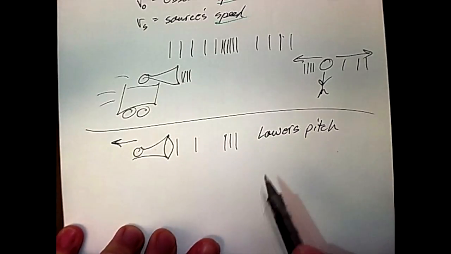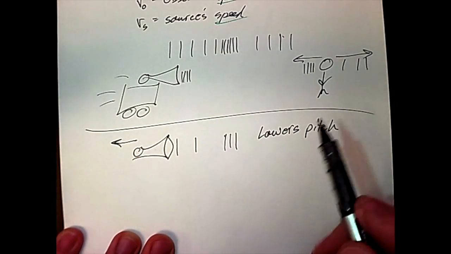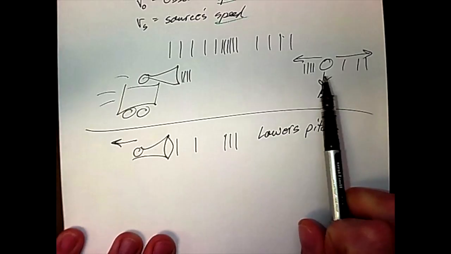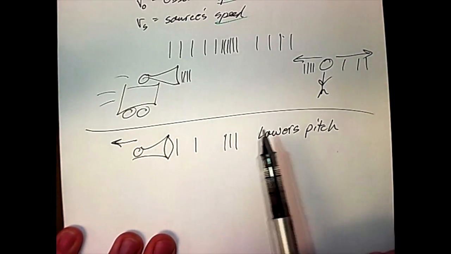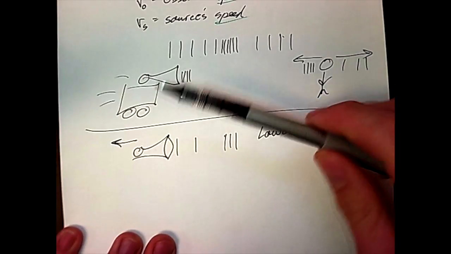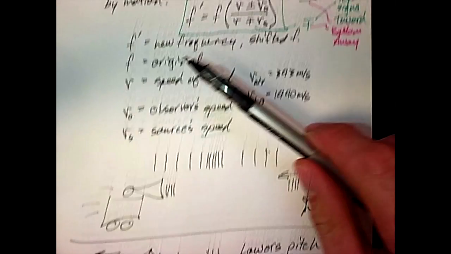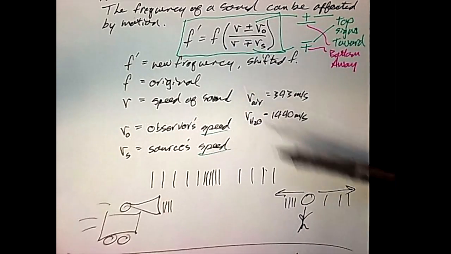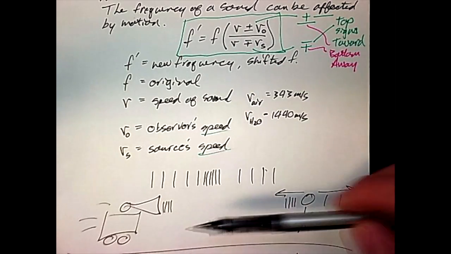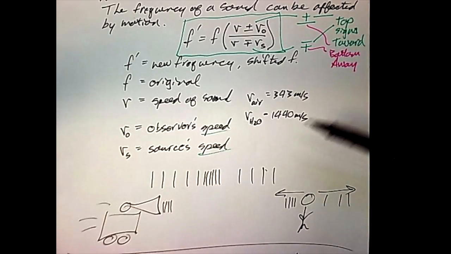And with some simple calculations, plugging in a similar speed for either the source or the observer and towards or away, you'll see that the F prime, the new frequency or the shifted frequency, tends to vary in your results just a little bit depending on which one of these two is moving. And so it's important to keep those straight. Draw a good picture and you should be fine.